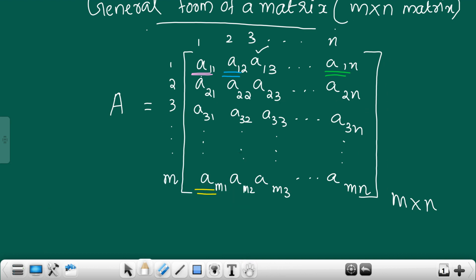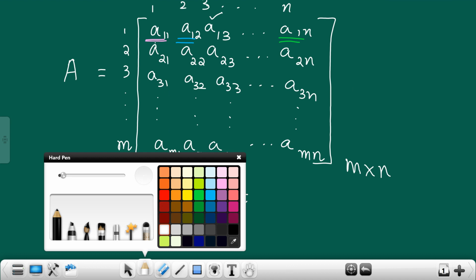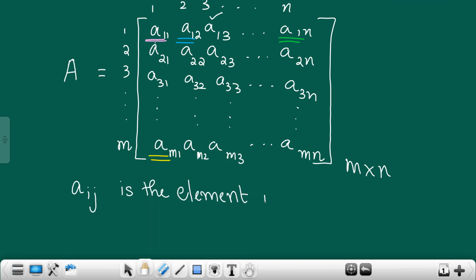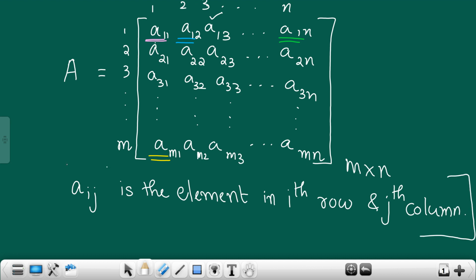Generally, we can say that aij, this is an element in this matrix, which means aij is the element in the ith row and jth column.